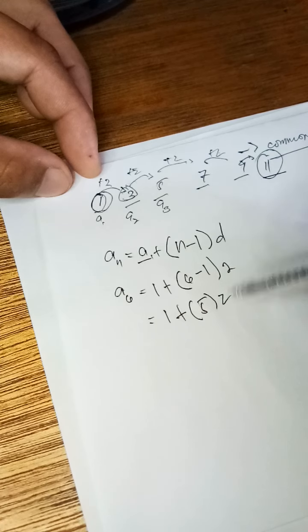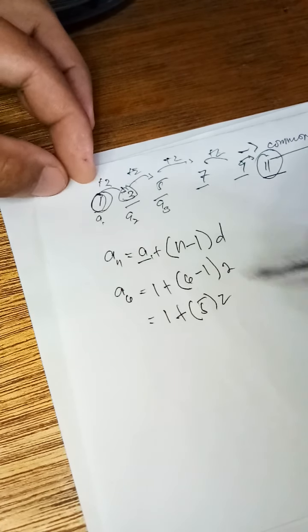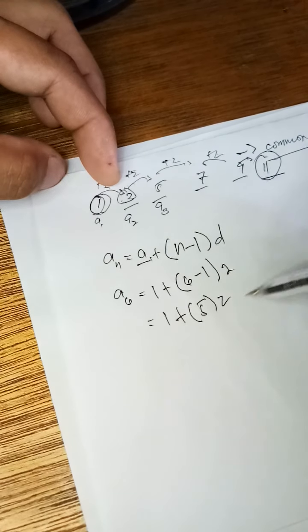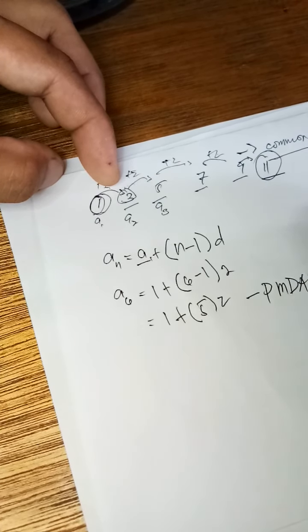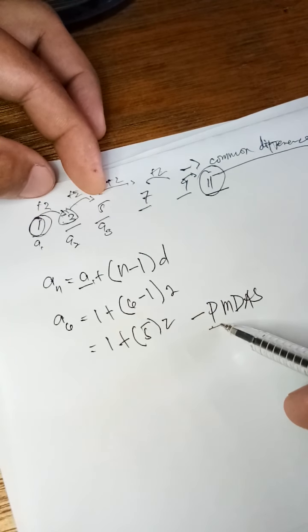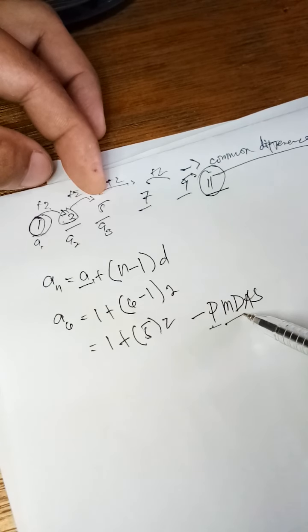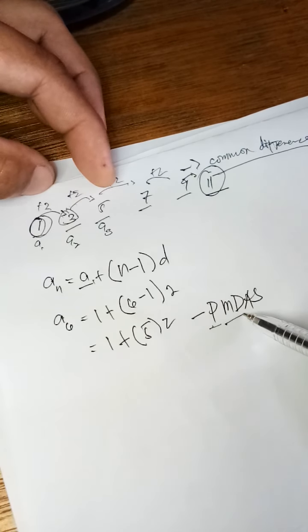Take note, in solving this equation here, we need to follow the rules sa pag-solve po ng ating numbers. So, take note that we have this PEMDAS. So, ano ba yung PEMDAS? So, first, we're going to solve yung nasa parentheses, followed by multiplication or division. Take note, multiplication and division, they have same level.